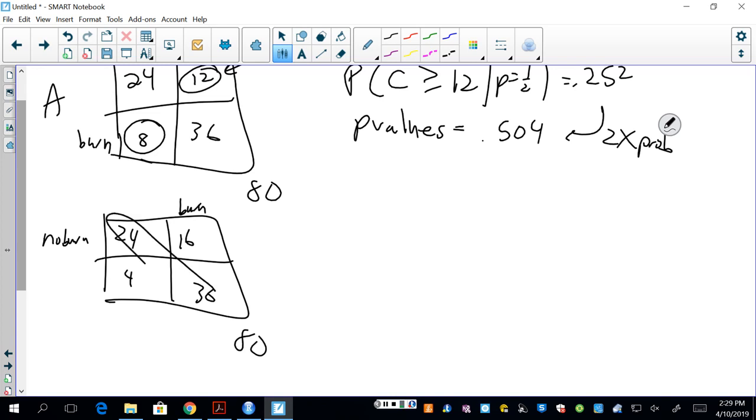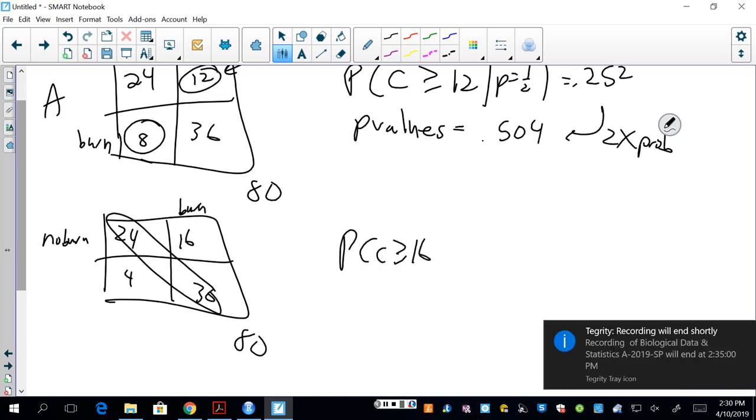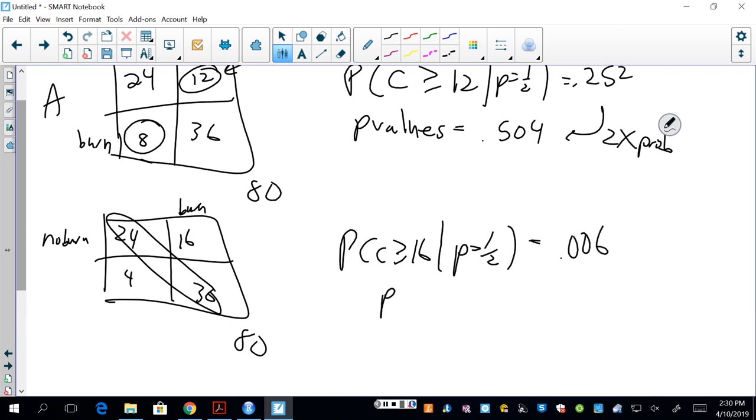We don't do a 2-sample independent test because of this matching, that explicit data structure. In this case, the probability that C would be greater than or equal to 16, given p is 1/2, is 0.006. So our p-value is 0.012.